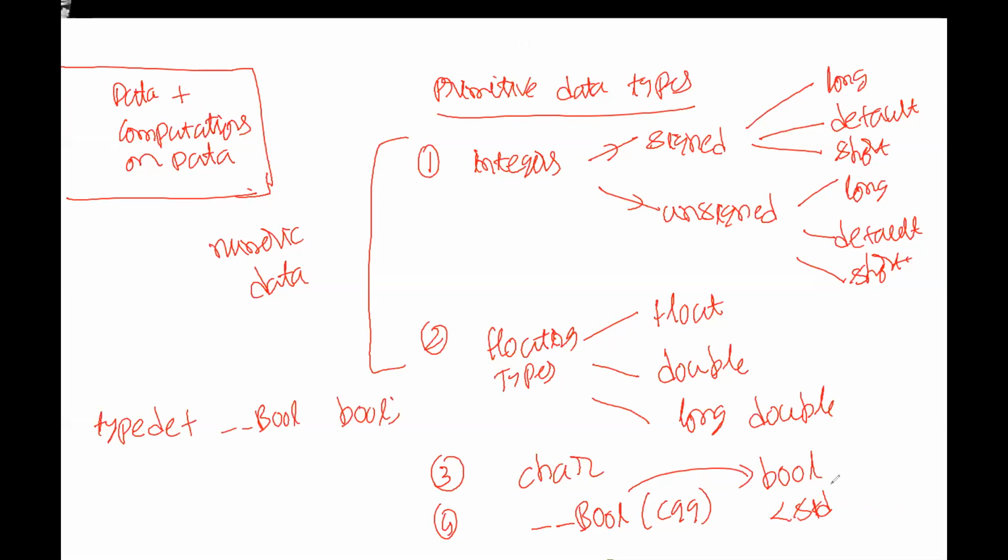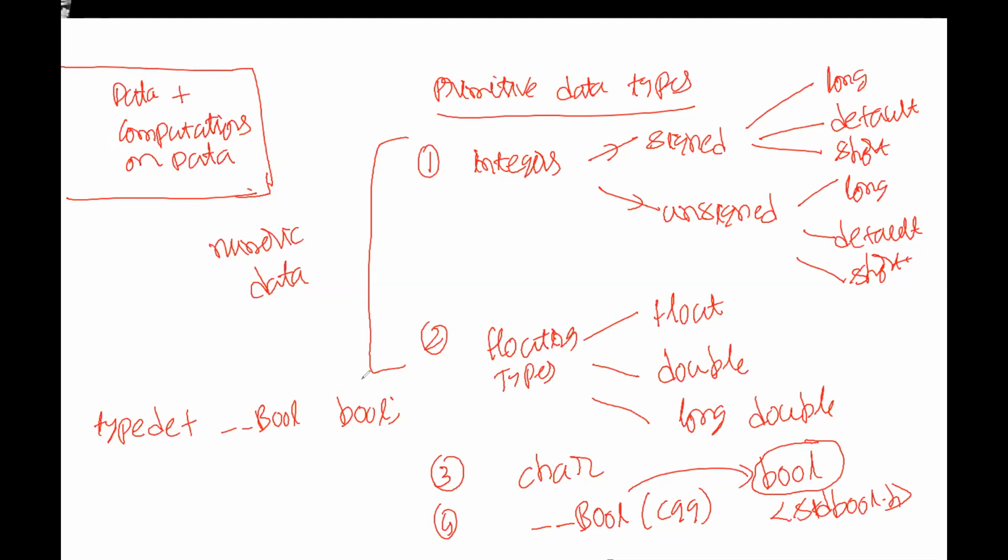So when we want to use this bool data type, you have to include stdbool.h, because it creates this new data type by using the typedef statement. I am not sure exactly of the format of typedef, but I think this should be all right.